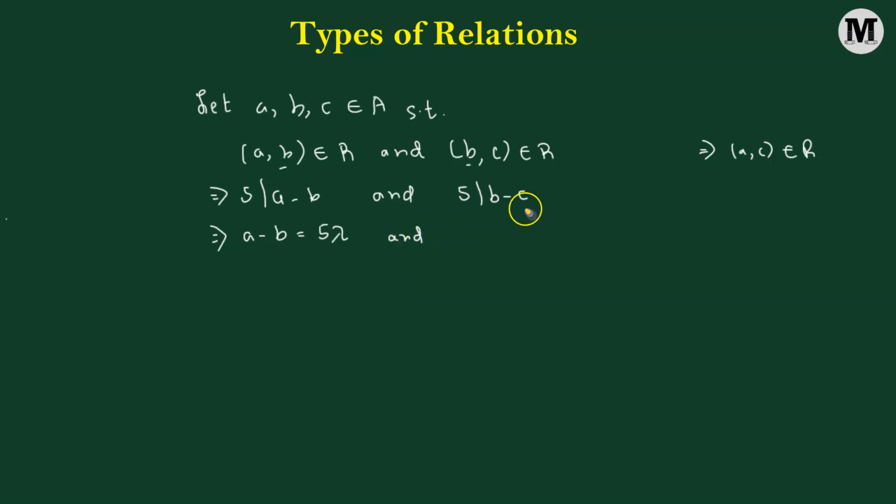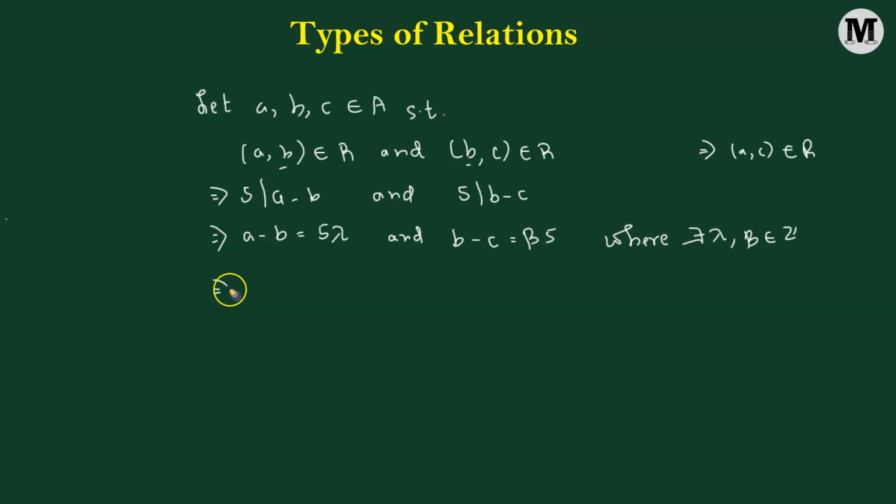Similarly, 5 dividing B minus C can also be expressed as B minus C equals beta times 5, where B minus C is a multiple of 5. We have to mention that there exist some lambda and beta which belong to the set of integers.